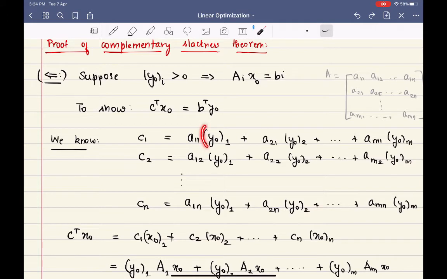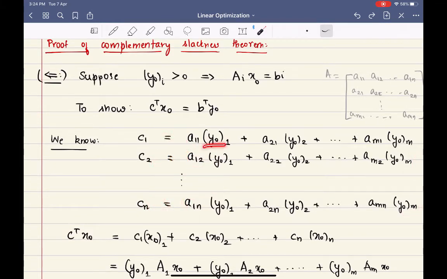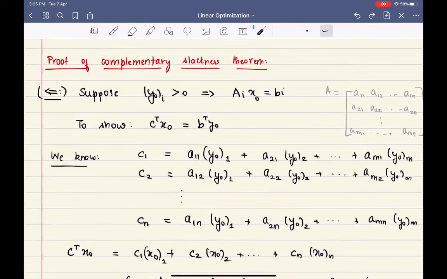If I look at the coefficient of y01, this thing is multiplied with x01, this thing is multiplied with x02, and this entire thing will be multiplied with x0n, right? So the coefficient of y01 will be a11 x01 plus a12 x02 till a1n x0n, right? And that is just the first row of A multiplied by x0.